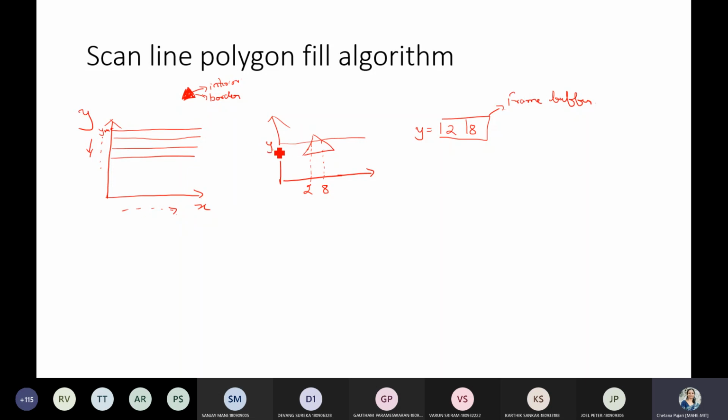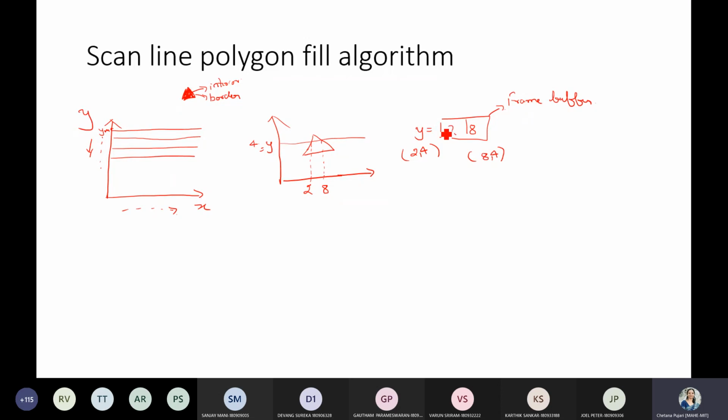Let's say my y value is 4. So the pair will be 2, 4 and 8, 4. Right, 2, 4 and 8, 4. So you have identified the intersection of the scan line with your polygon, and you are going to find the 2 points.